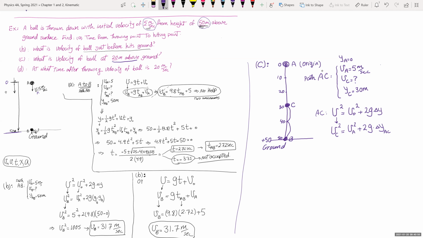So let me write it again. Watch it, guys. VC is unknown. VA is 5. 2 is 2. g is 9.8, correct? And delta y in the path of AC is the final position minus the initial position.